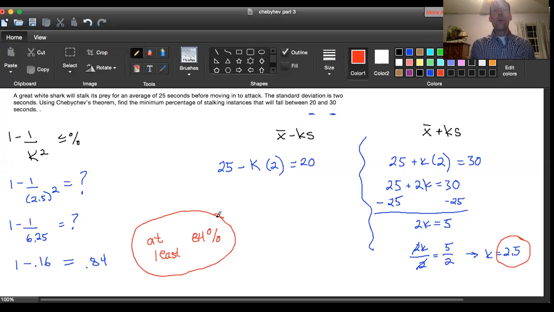So there are some really cool ways that we can apply the Chebyshev theorem to understand at an even higher level what's going on in the exercise. Now remember, our final takeaway is that when we're working with Chebyshev, one thing that's kind of frustrating is we always have to refer to a minimum percentage, or at least this percentage of data.